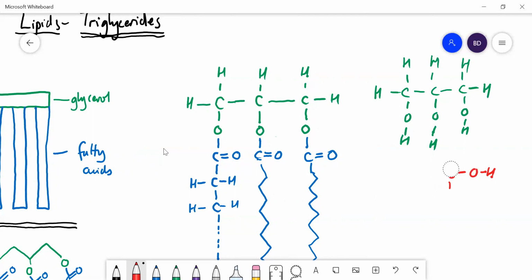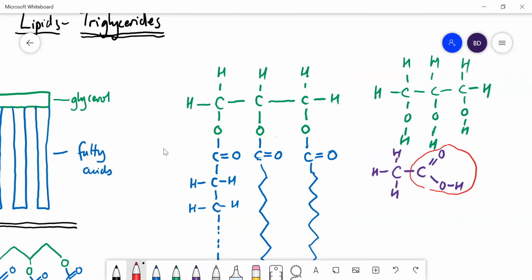Fatty acids. We've also come across these sort of molecules before, because fatty acids are simply carboxylic acids. So we remember ethanoic acid, which is present in vinegar. It's only 2 carbon atoms long, and this is the acid group.